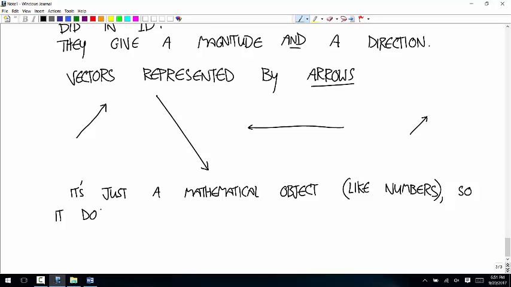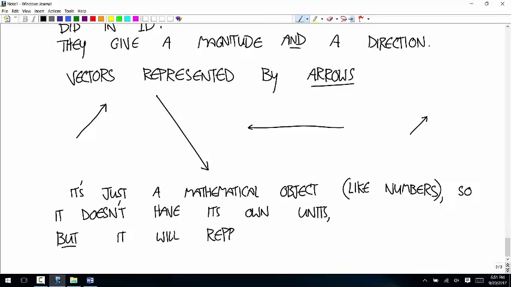So it doesn't have its own units, but it is going to represent quantities that do have units.